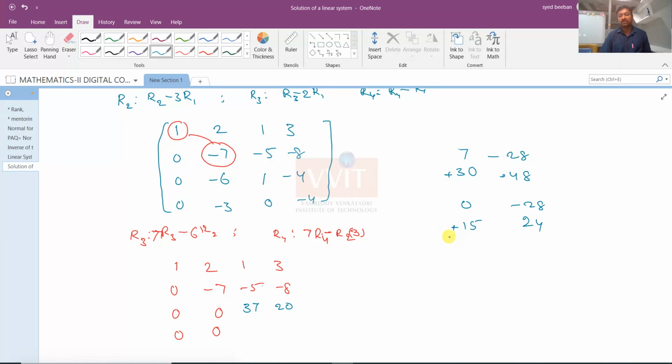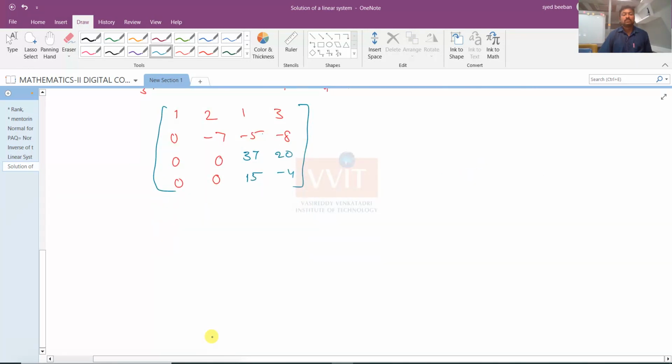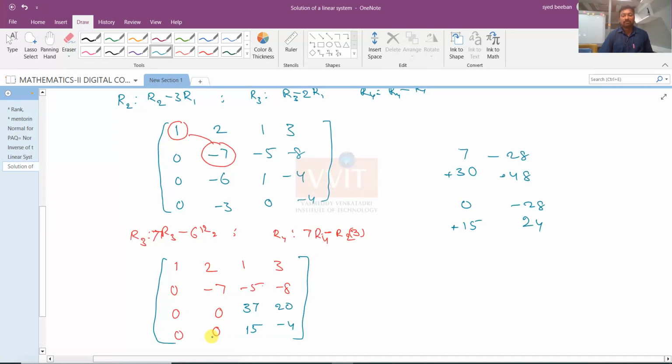Check once again. Now if I simplify that, 15 minus 4. Because of a small mistake, the entire thing went wrong, so that's the reason. Please be careful here.